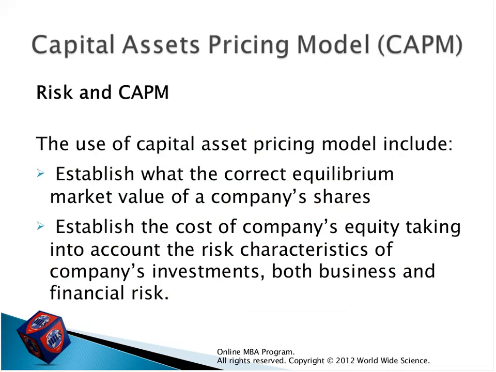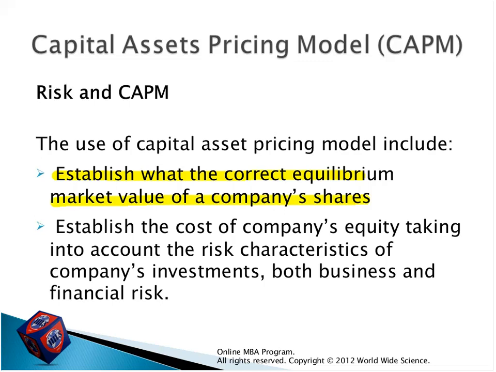We have another method called the capital asset pricing model, or CAPM. It shows the pricing model, actually the price of how much the company is valued on the market. The use of the capital asset pricing model includes establishing the current equilibrium market value of the company's shares.